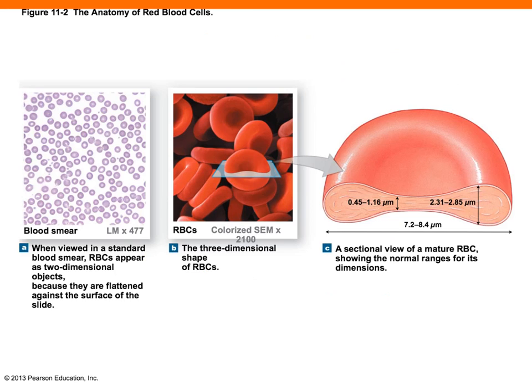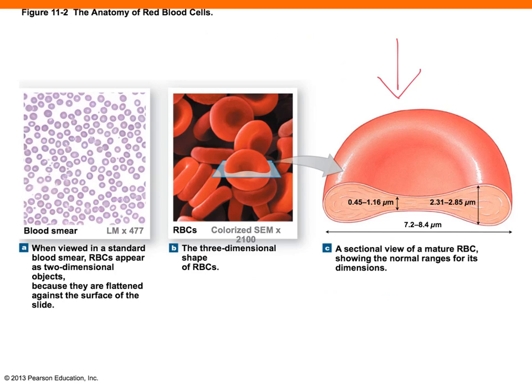So this figure has diagrammed the picture of the red blood cell, and this, of course, is not as great of a picture as the one I drew before. Okay, so I guess that's arguable, but it shows you this biconcave shape and the fact that the red blood cell is three-dimensional.